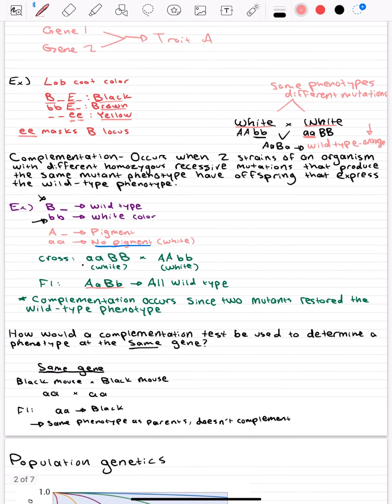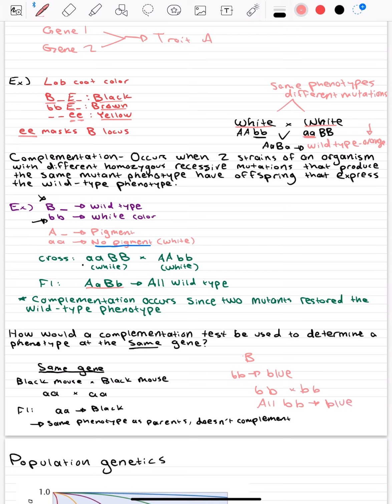How would a complementation test be used to determine a phenotype at the same gene? Alright, so let's say that there was a mutation at the same gene, at one specific gene. Let's say it's gene B. This codes for a blue color. If we were to cross an individual, little b crossed with little b, we would get all little b's, which means that all the individuals would be blue.